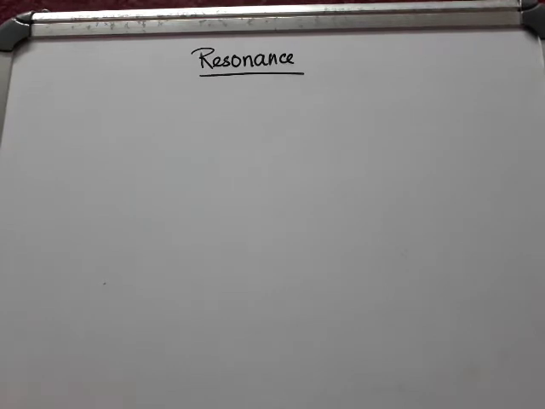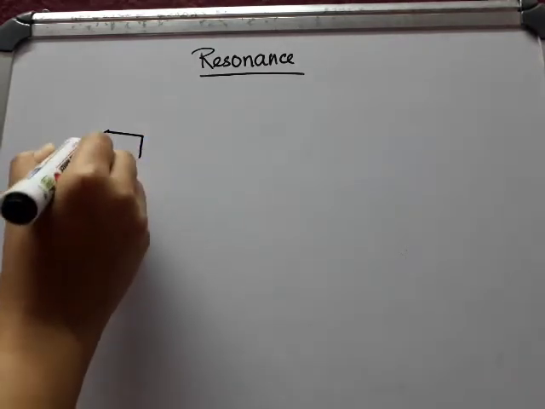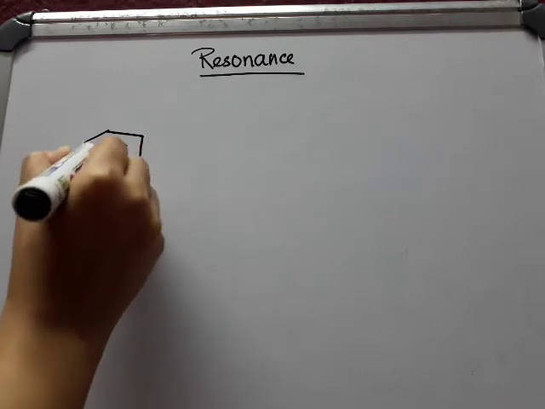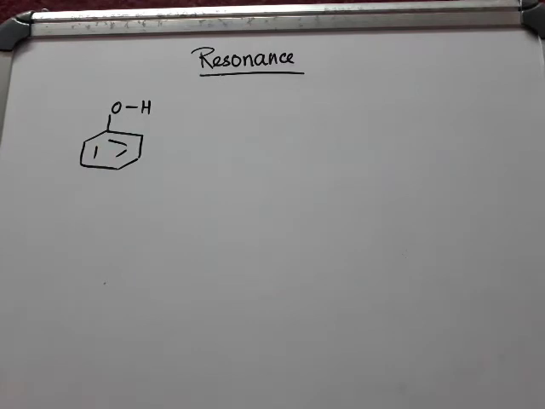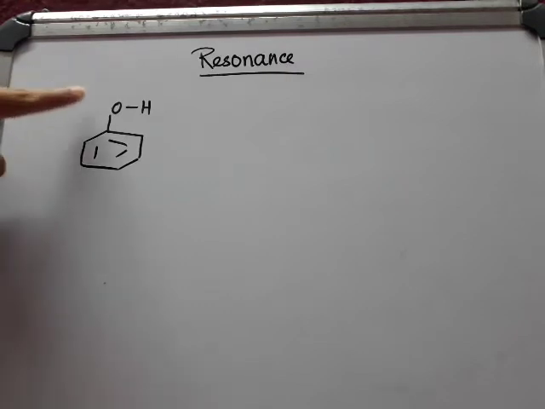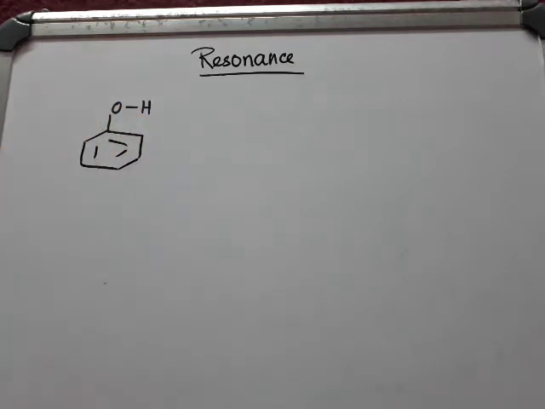Now with the help of resonance we can explain many properties of compounds like phenol, that means PhOH. Acidity of phenol can be explained in terms of its resonating structures. So we all know that acidity is all about the ionization of this bond and production of H plus.